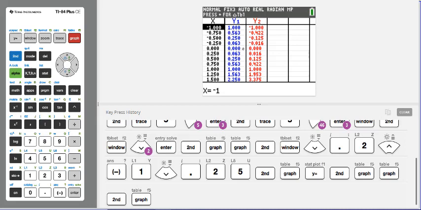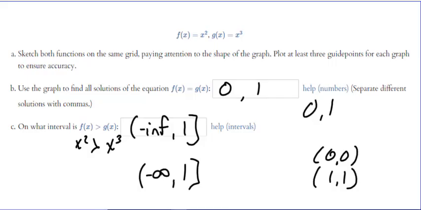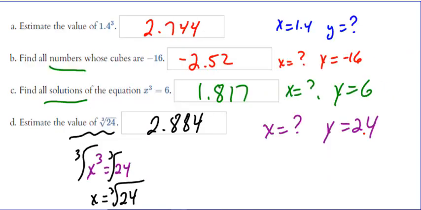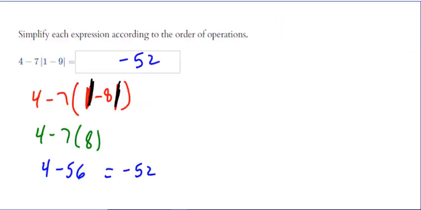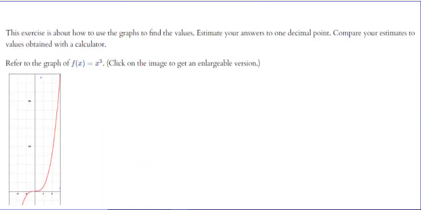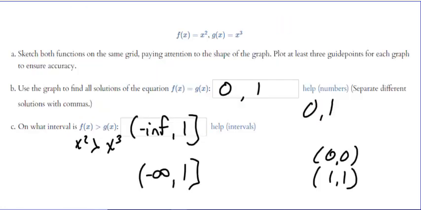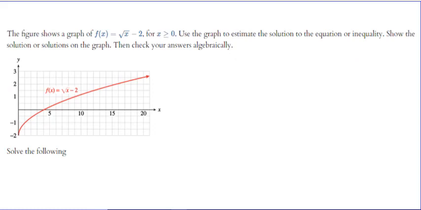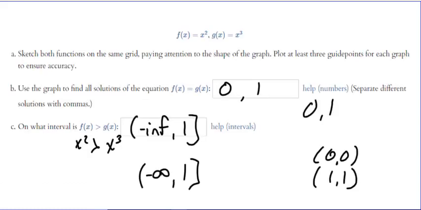So just kind of play around with that on this particular example, and you should be okay. All right, so I think that's enough for section 2.2 part 1's video.